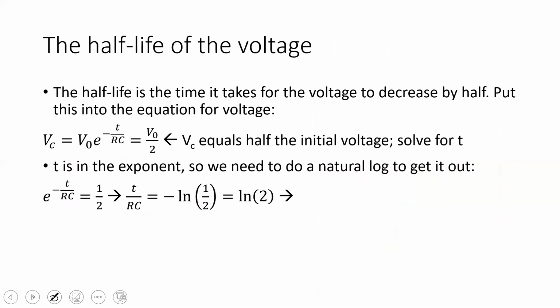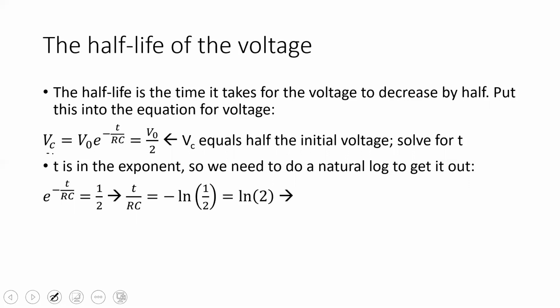Okay, so moving on. One of the ways we're going to be able to measure if this equation is true is by measuring something called the half-life of the voltage. So for the half-life of the voltage, we want to figure out how long, so a time, it takes for the voltage to decrease by half.